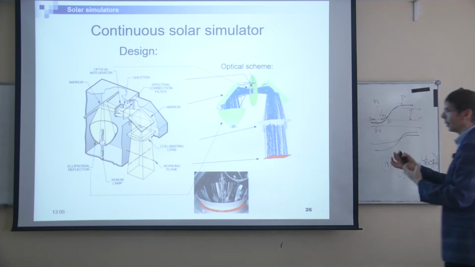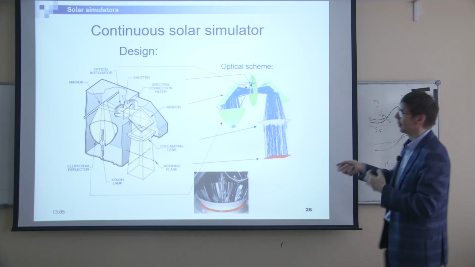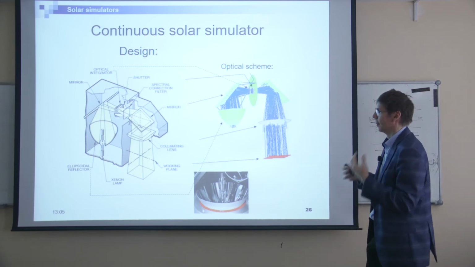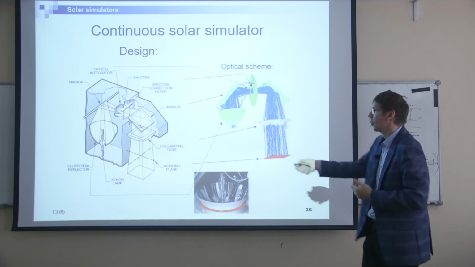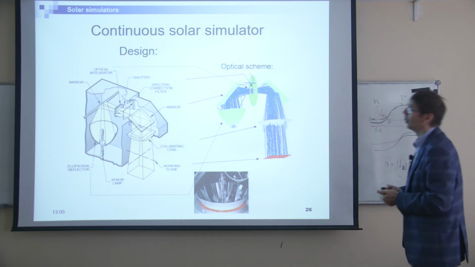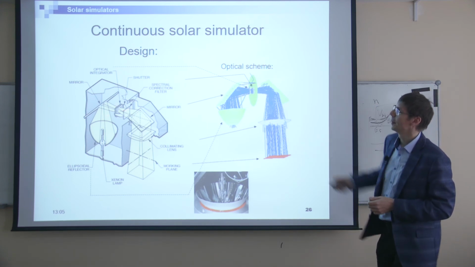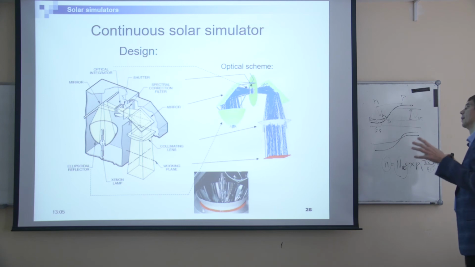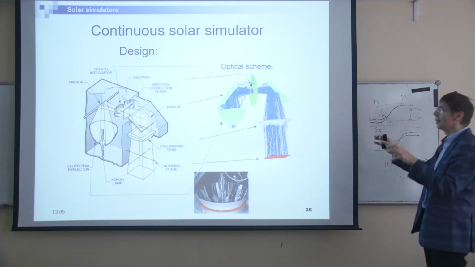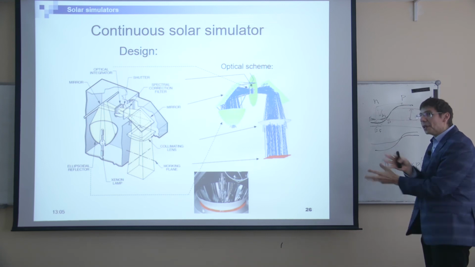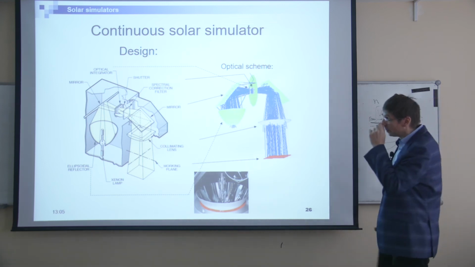So you can get some shading of this light, and to avoid the influence of this non-uniformity, we have to use some kind of integrator. Actually it's a matrix of different lenses which make some kind of mix of the light.